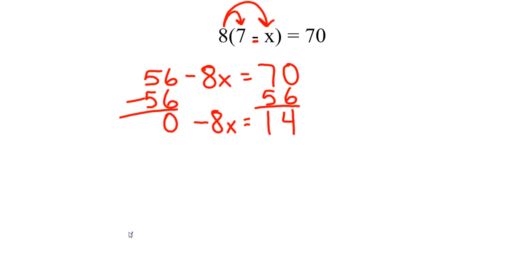To solve this one, we have a one-step equation. We've got to get rid of that multiplication of negative 8. To get rid of that, we're just going to divide by negative 8. If I divide this by negative 8, those two are going to be a 1. I will be left with just x on the left-hand side. On the right-hand side, I've got to do that same exact thing. 14 divided by negative 8. It doesn't come out even.